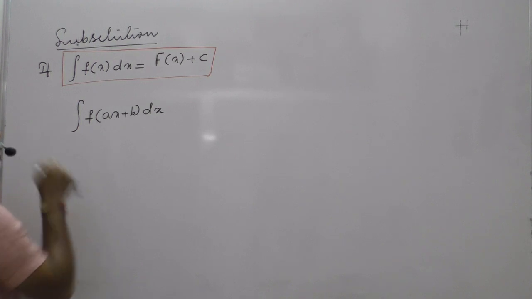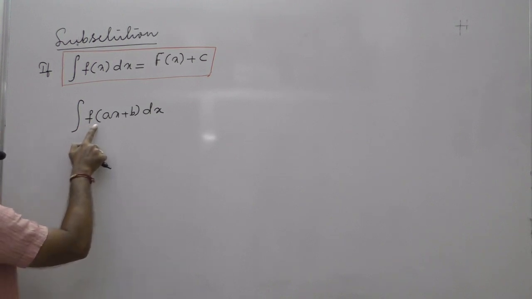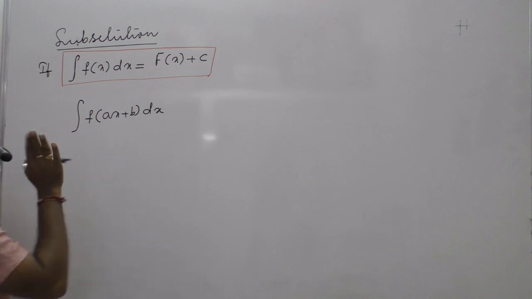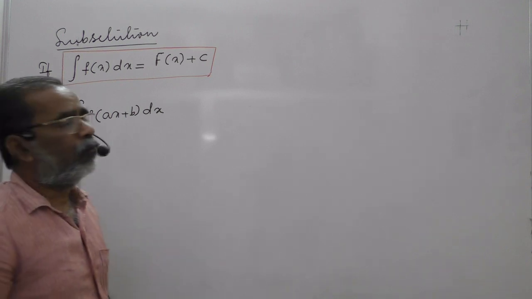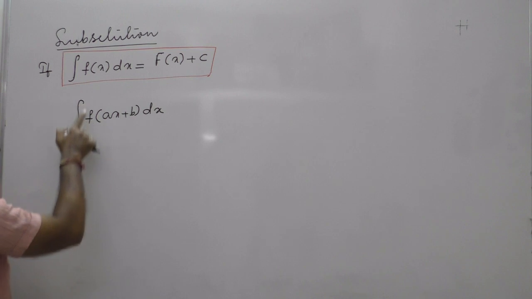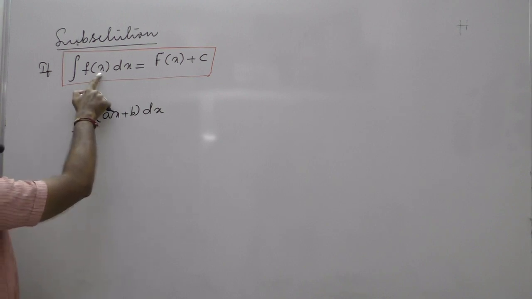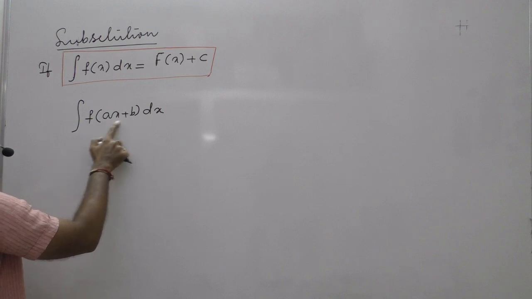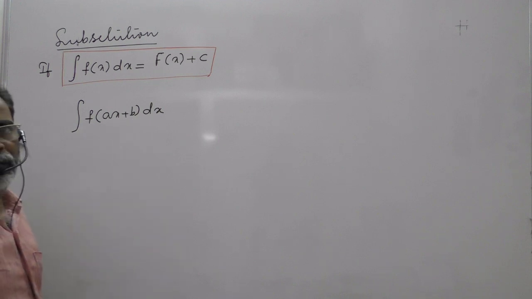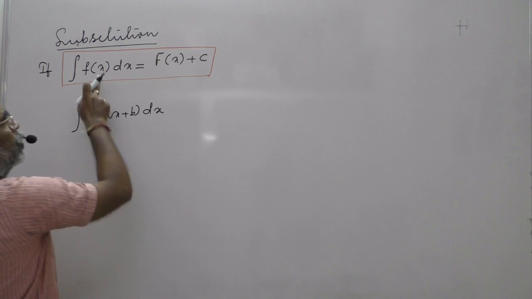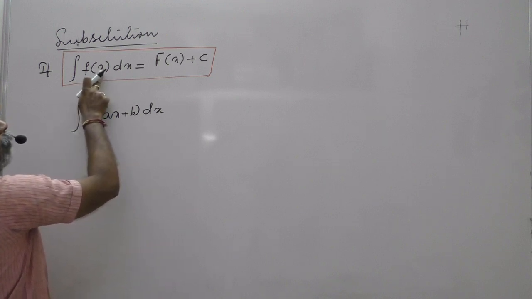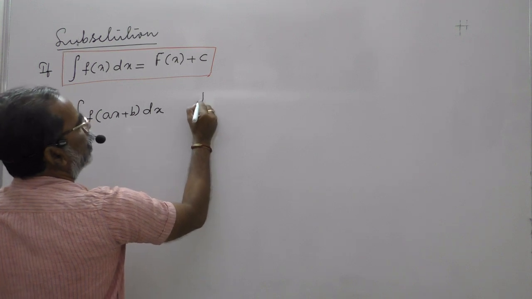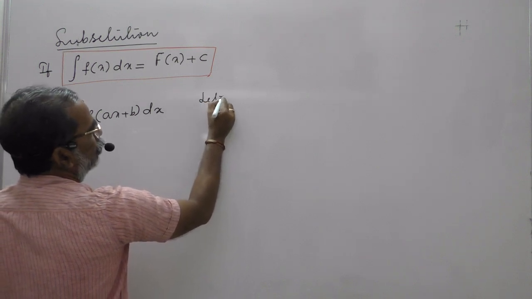Now we are going to find the integral of f of ax plus b. For the same function f, we know the integral only at x. So since we know the integral of f at x, a single variable, I will take a substitution.